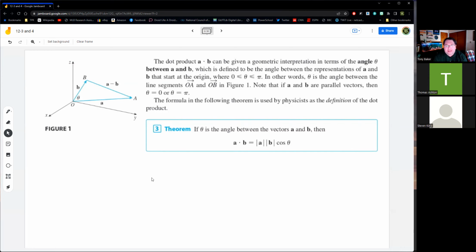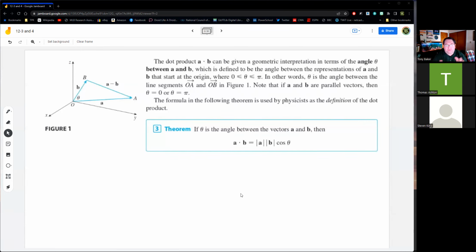We can use this to either find the dot product, which we're going to do in the next example, or to find the angle between the 2 vectors, which is a more usable case, I should say.